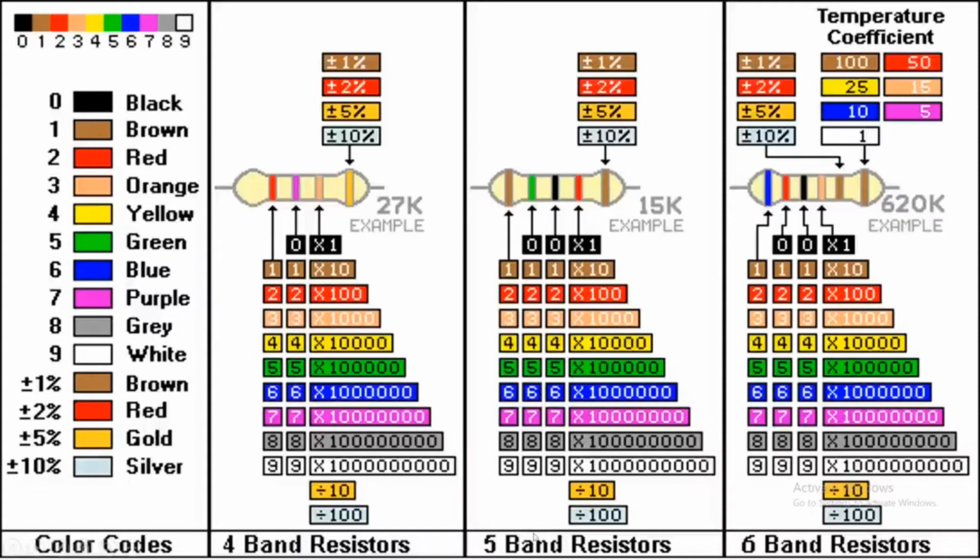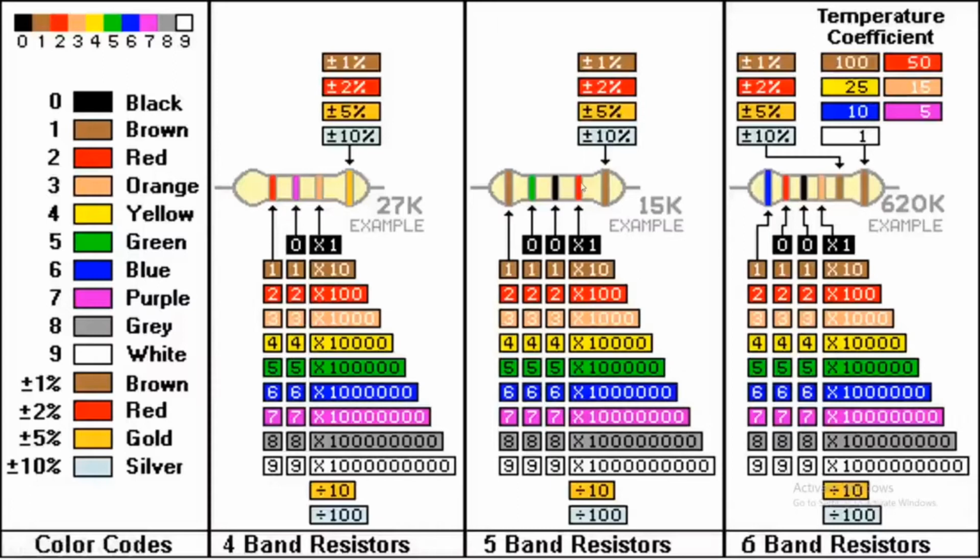So friends, see here how to read a 5-band resistor. It's also like that, but the second last number is the multiplier. The first color is brown, you need to put 1. The second color is green, you need to put 5. The third color is black, you need to put 0 because the value of black is 0.